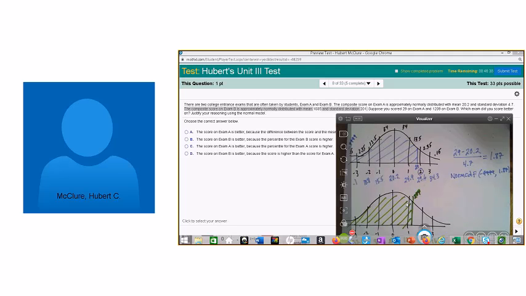The green would be 1239 minus 1035 divided by, what is it? 201.